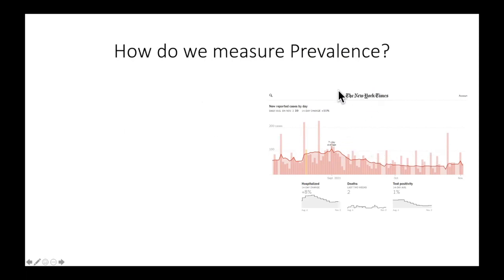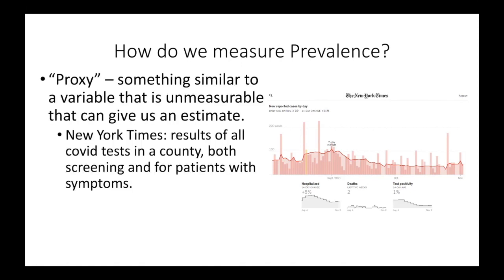This is from the New York Times. They keep track of all 3,000 counties in America, and with their data crunching staff, keep it up to date. That's how we found out in September it was 3% in San Mateo. It's not a pure prevalence in the screening sense, because this is pooled results from all the labs in Yolo County.